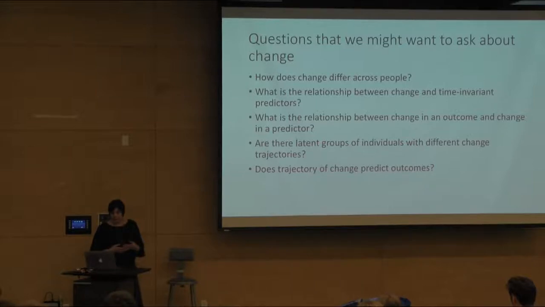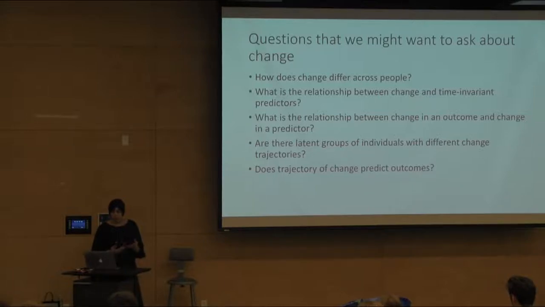Along those lines, we might want to ask, if I have a group of people, are there different patterns of latent change? So latent is something you don't measure exactly, you don't measure specifically, and you might want to know whether there are different trajectories of change for different groups of people based on what you can observe.